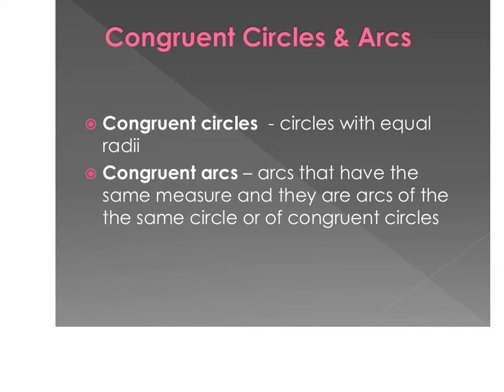I'm going to draw in some examples here. I'm going to make a red circle first. Then I'll make a blue one. It's supposed to be the same size, but close enough. And then I'll do a green one.